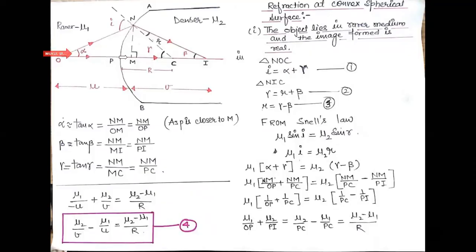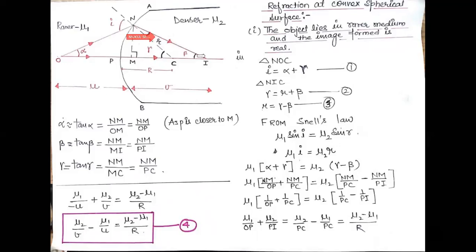MN is the normal on the surface, and this MN is perpendicular to the principal axis. The incident ray enters the denser medium and bends toward the normal, making an angle of refraction r.